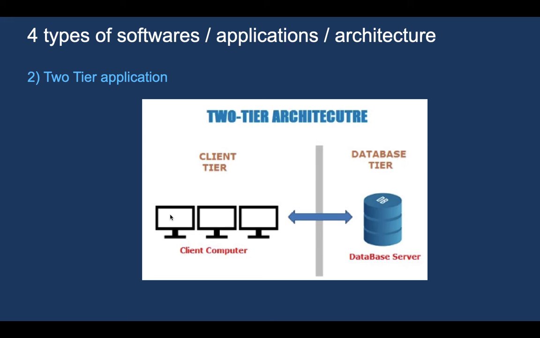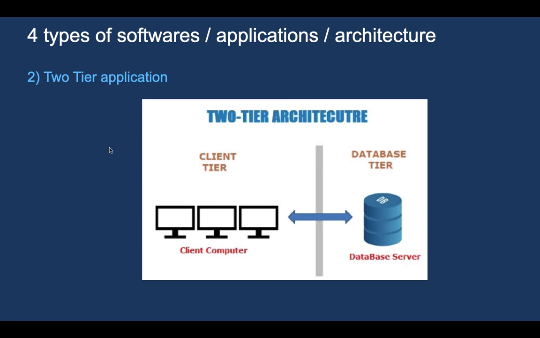So this will have presentation application, this will have presentation application, this will have presentation application. All of them could be connected to the same database server. So that is what it means. This is the two tier architecture. Don't get confused by seeing three computers over here. If that creates a confusion, you assume as if there is only one computer over here.